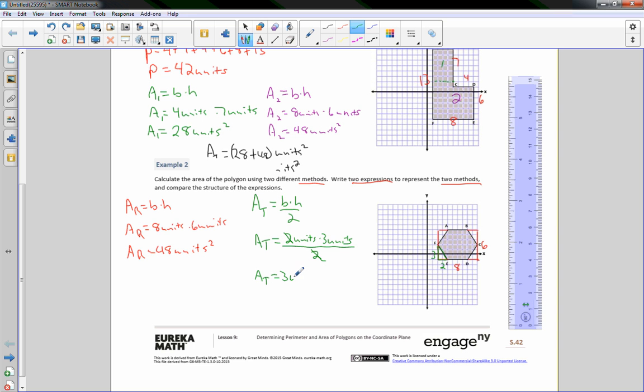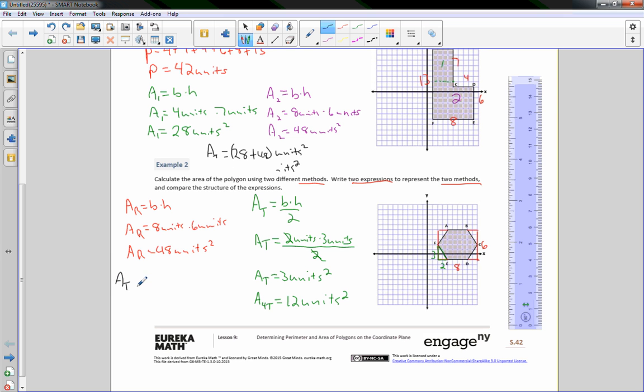Units times units is units squared. Now, keep in mind, I have 4 triangles, so I'm going to multiply these triangles by 4, so the area of the 4 triangles equals 12 units squared, because there are 4 of them, and they're all an area of 3. So now I take the area total.